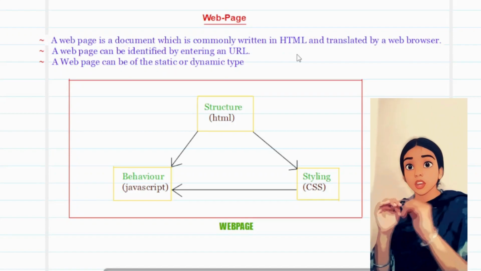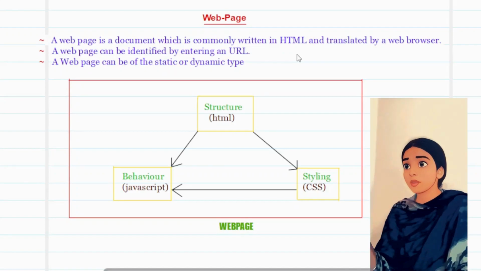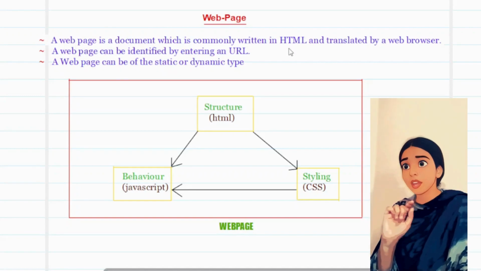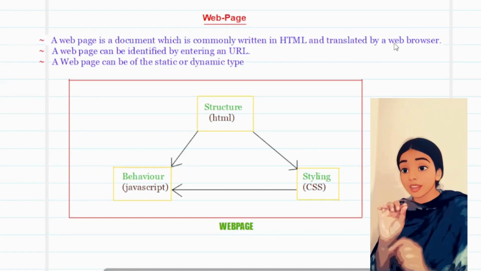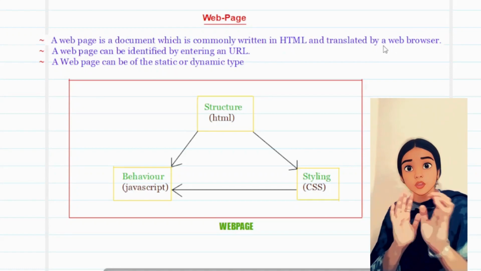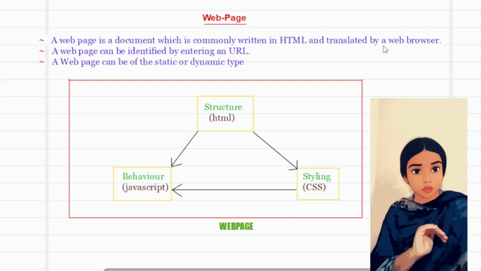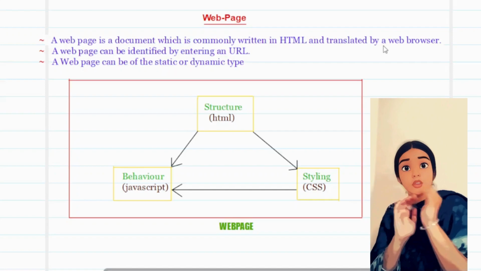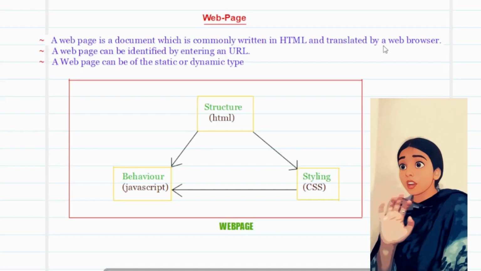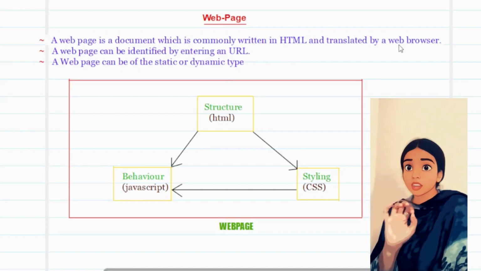A web page is a document commonly written in HTML and translated by a web browser. Who translates that HTML text into another form, such as the table form or the image form? The web browser translates that text into another form.